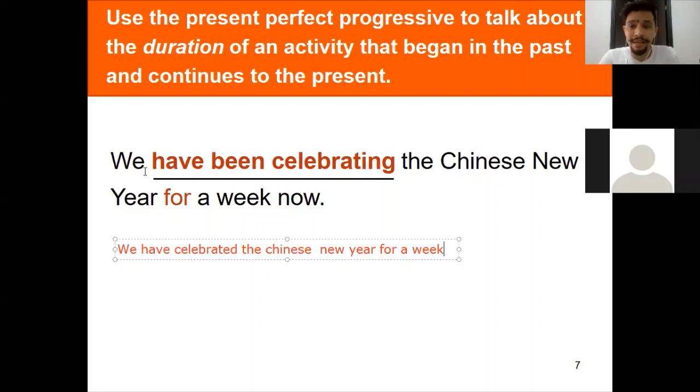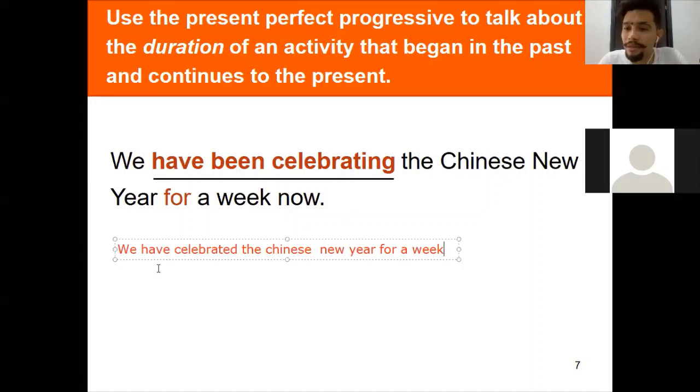So if I say, nosotros hemos estado celebrando el Año Nuevo Chino por una semana ahora, significa que en este momento, aunque el año empezó, digamos, 1 de enero, ¿cierto? Son 7 días después, y todavía estamos celebrando, right? So that's the idea of the first sentence, that the people are still celebrating the new year.